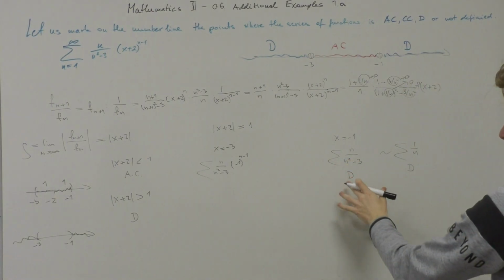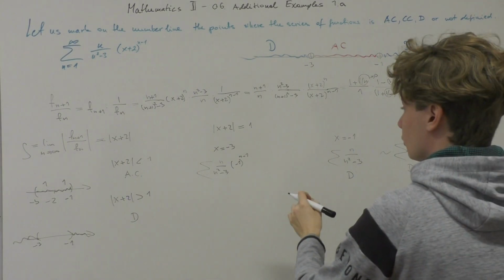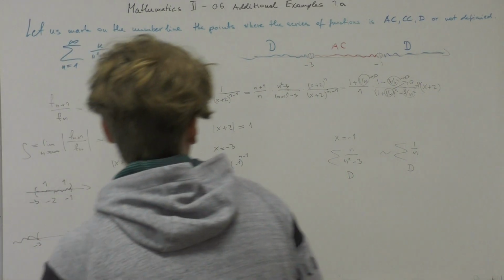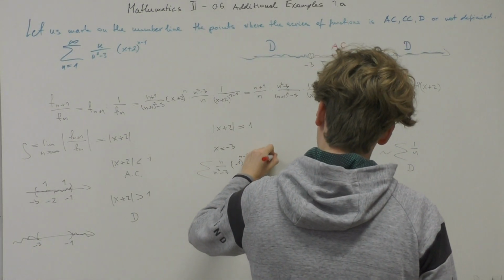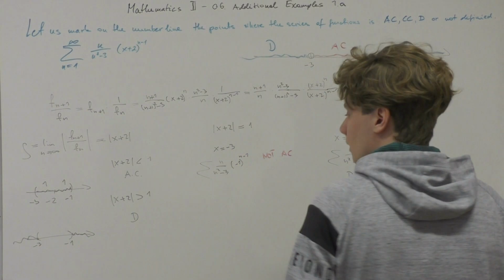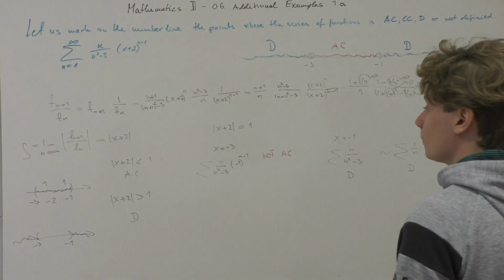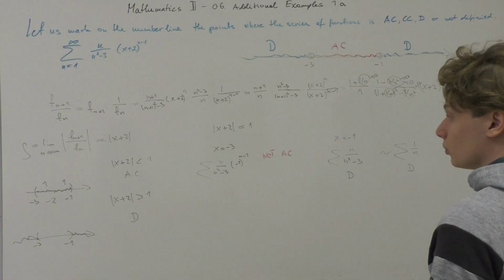And since this is a divergent series, we know that this other series could not be absolutely convergent. But it could be conditionally convergent, and for that we need to check two conditions.